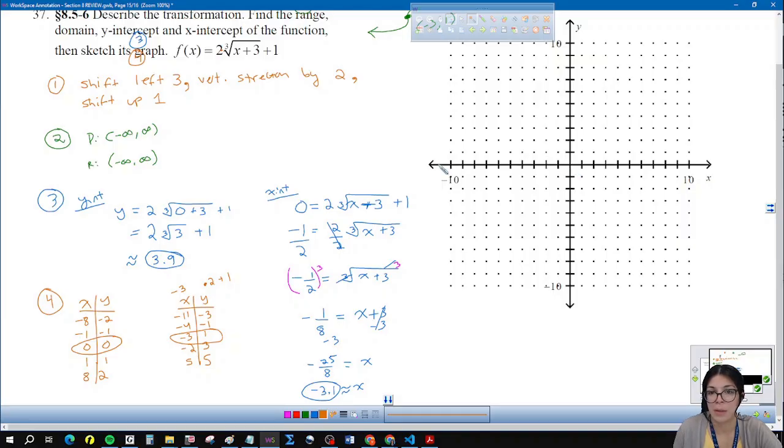So negative 11, I'm just going to extend the graph a little bit, negative 11 and negative 3. Negative 4 and negative 1, negative 3 and positive 1, that's our center, so I'll make it a little bit bigger, negative 2 and 3, and 5, 5.